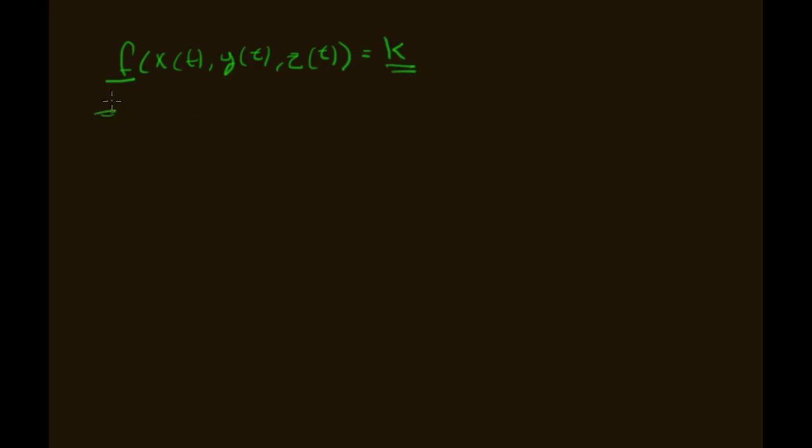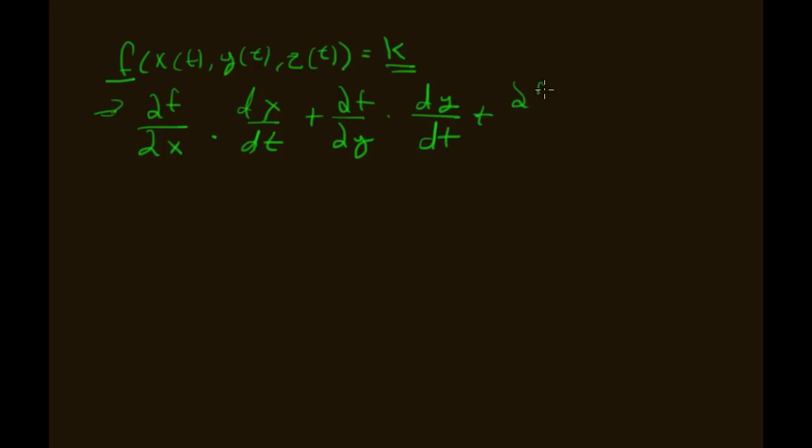If you go through the chain rule that we worked with before, then the partial of f with respect to x times dx/dt, plus the partial of f with respect to y times dy/dt, plus the partial of f with respect to z times dz/dt, should give me df/dt.